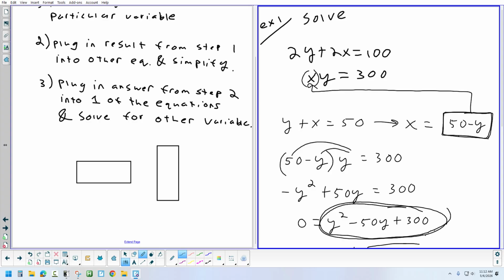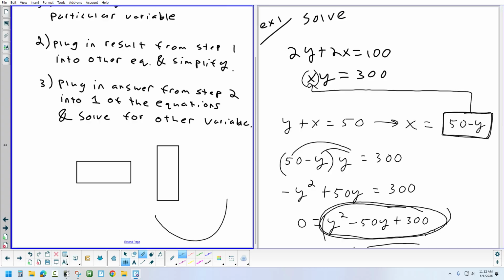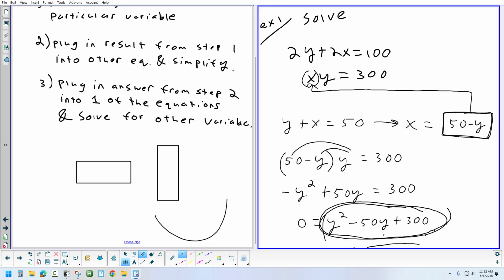How about Alex? Can you tell us what shape it would make? Parabola. It's a quadratic equation, and the shape of a quadratic is a parabola, specifically with a positive value. It means it's opening up. So something like this. It's a parabola. Now, we have a quadratic on one side, and we have a constant on the other.